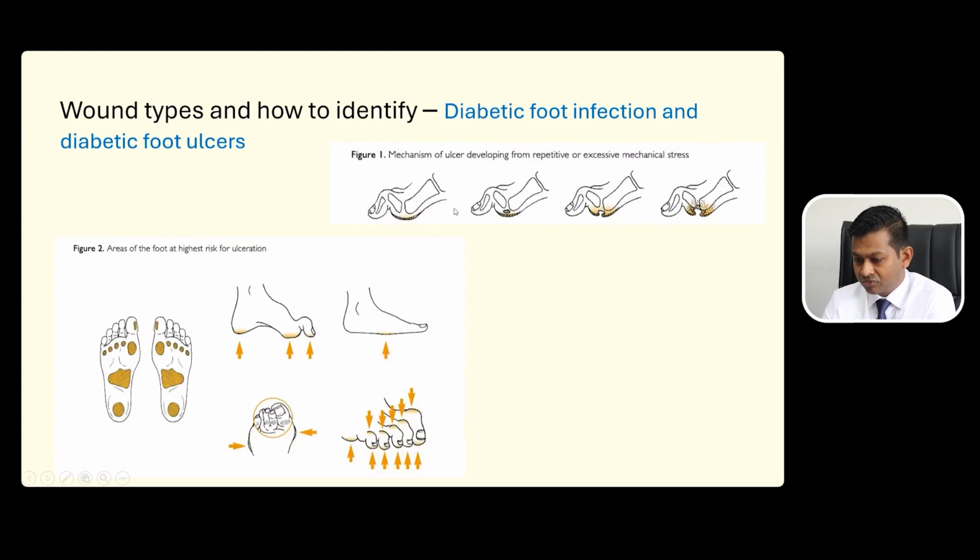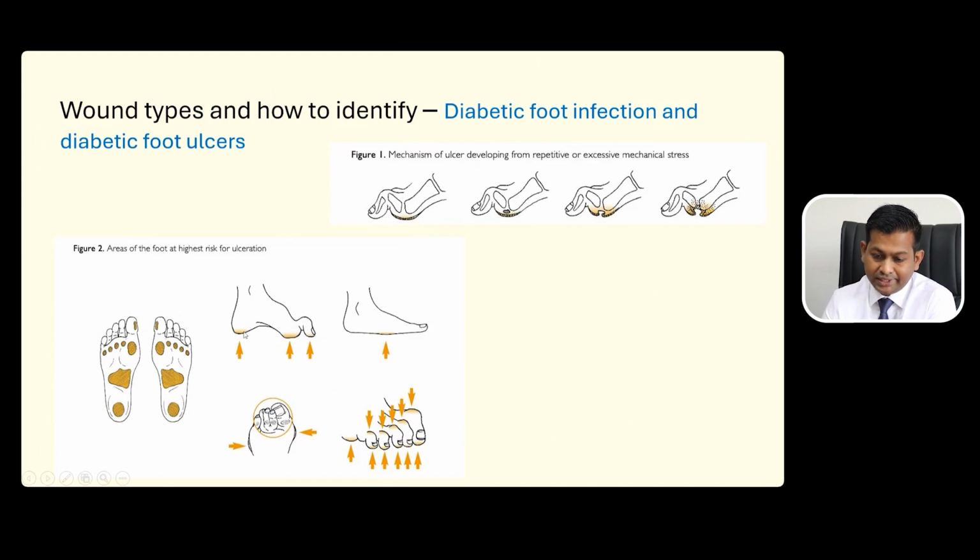So this is one deformity, and this is the metatarsal head of the big toe, hitting on the skin, ultimately leading to an ulcer and causing a huge problem later on.